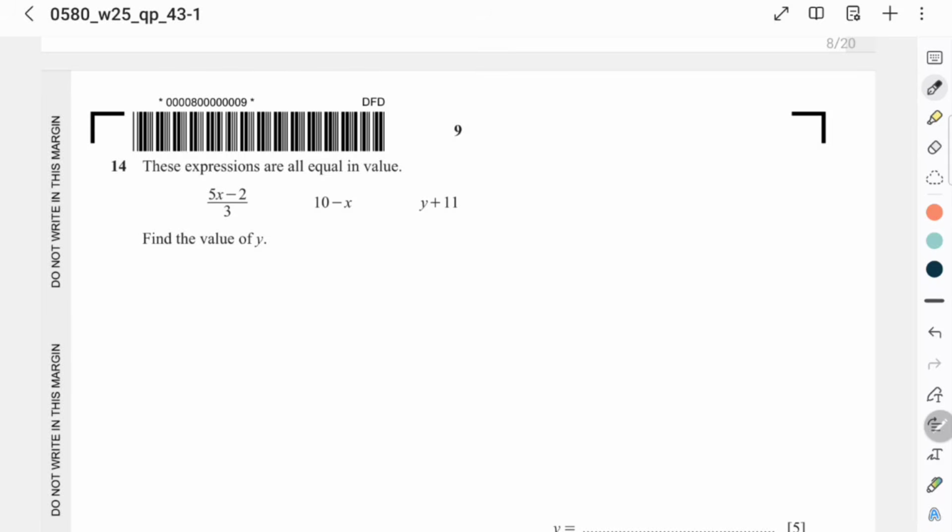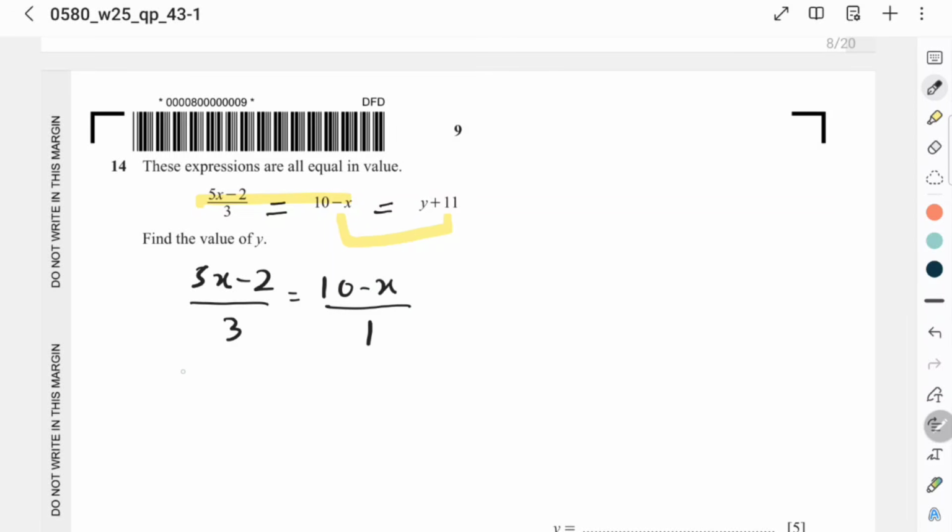So first of all we find the value of x, and then we find the value of y. They are all equal. So we take these two to get the value of x, and then we take these two to get the value of y. I hope you understood. Now (5x minus 2) upon 3 is equal to 10 minus x.